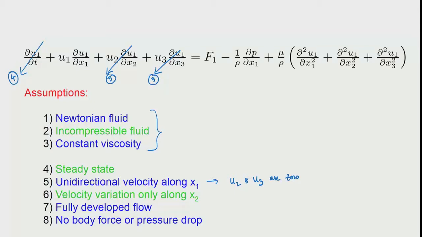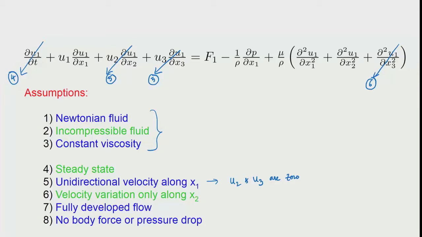And then we also say that in these situations the velocity variation of u1 can be along the x2 or x3 direction. We choose that it is varying only along the x2 direction, which means that the variation of u1 along the x3 direction can be dropped, because of assumption number 6.